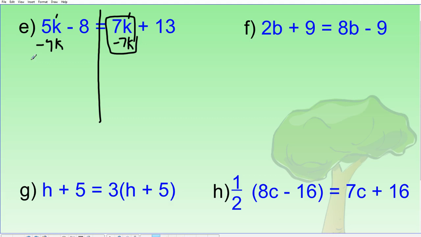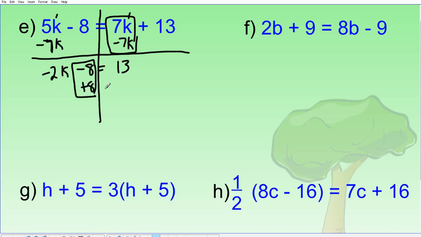So he cancels out. I'm left with 5 minus 7, which is negative 2k. And this stuff canceled out, so I still have a 13 over here. Now it's just a two-step equation, so I'm going to get rid of the add and subtract before the multiply and divide. So I'm going to add 8 to cancel out this minus 8.